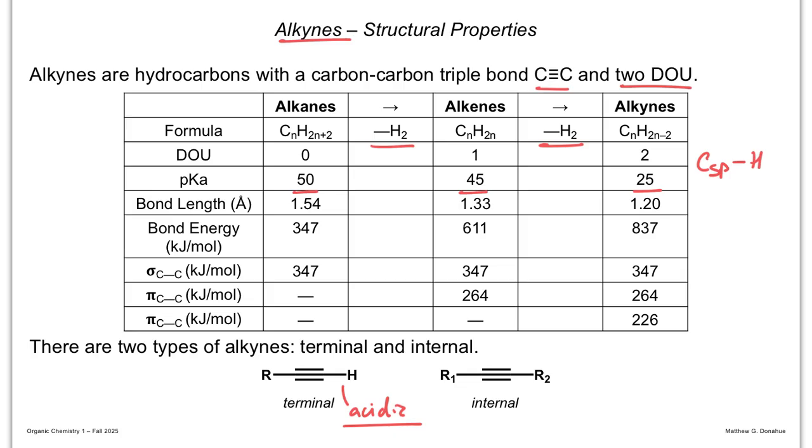So those are the ones that can readily generate the carbon anion. So we'll go through some nomenclature next and then look at some addition reactions to the pi bonds. So remember, in addition reactions, the pi bond is the nucleophile, that's the source of the electrons in the mechanism when we add across those two carbons.